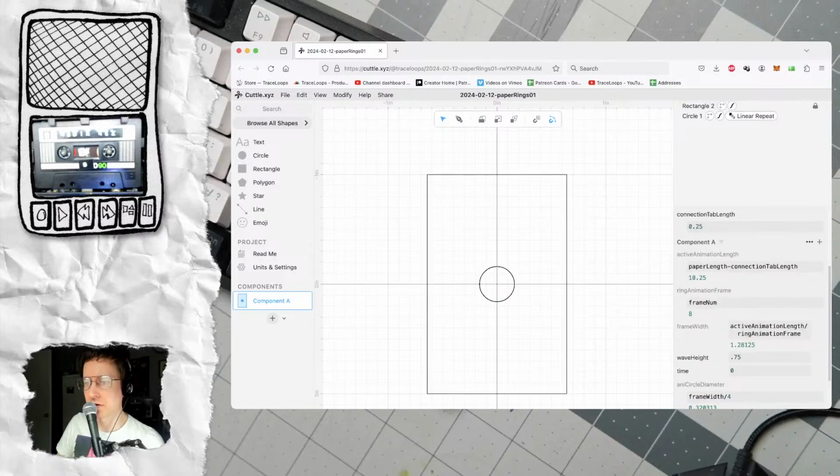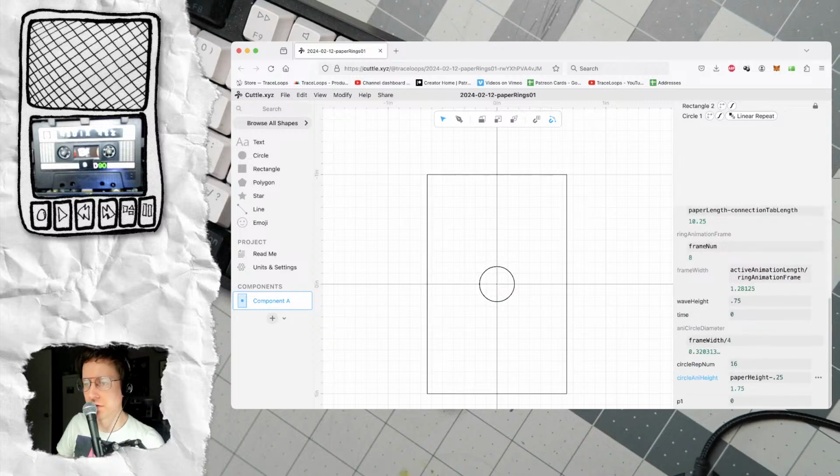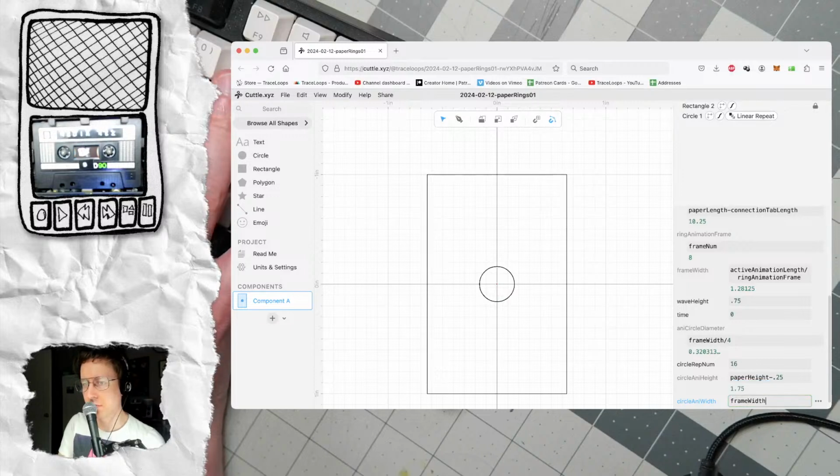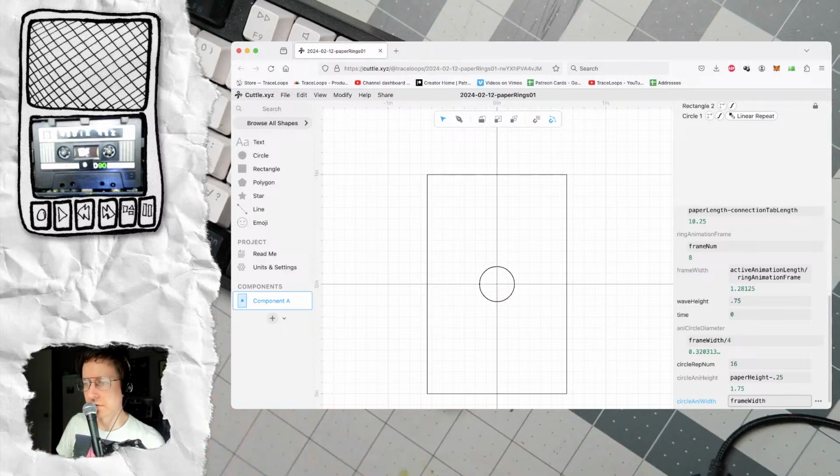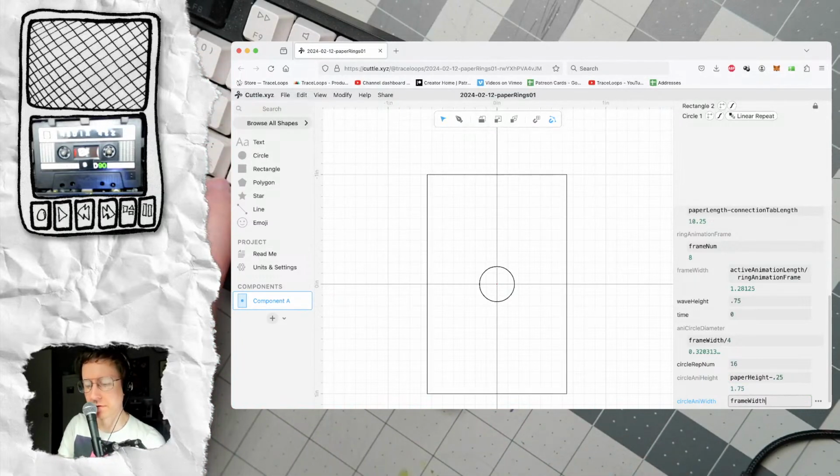And add one of these, which is going to be circle any width, which will be the frame width minus... this is plus and minus, so I need to actually take this full thing. You know what, I'm just going to leave it at that, it's easier, minus 0.25. And that way it'll never come into issue.